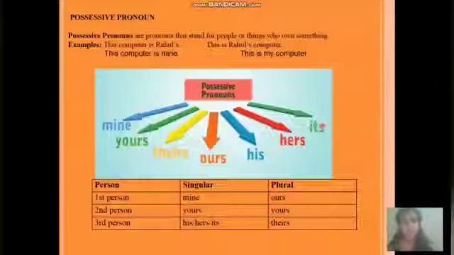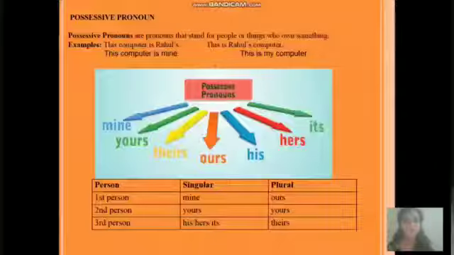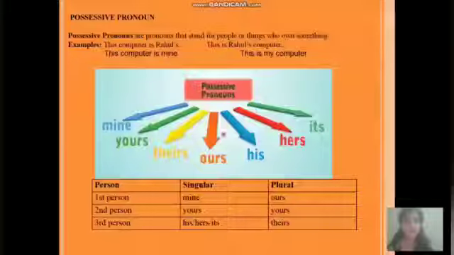So what do you mean by a pronoun? A pronoun is a word that replaces the noun. So here, this computer is Rahul's is replaced with the pronoun mine. Now I want you to substitute the other pronouns also in this sentence. This computer is ours and this computer is yours. This computer is theirs.